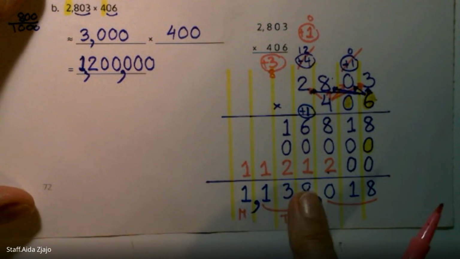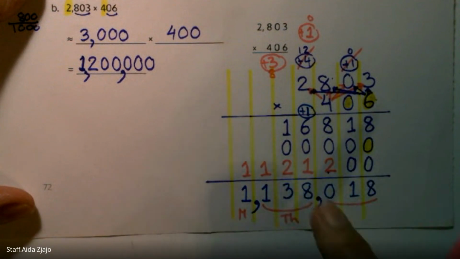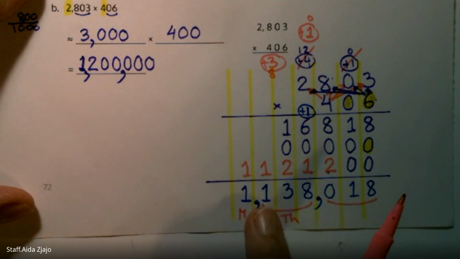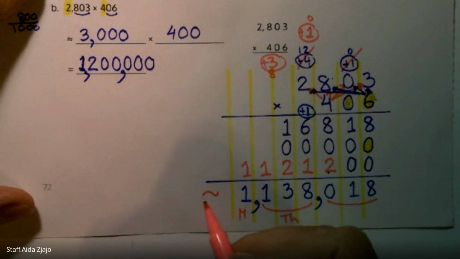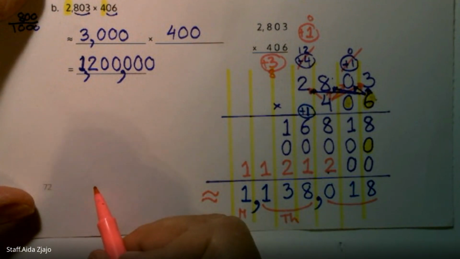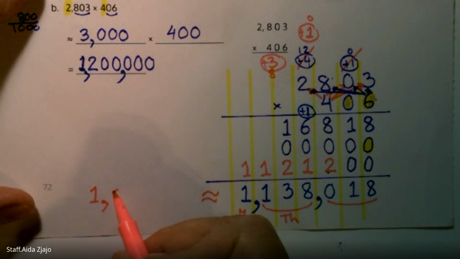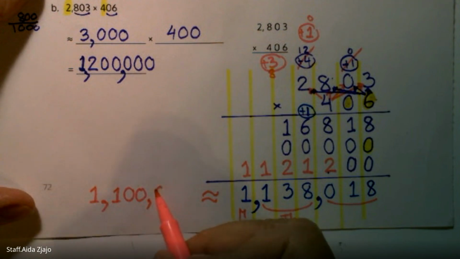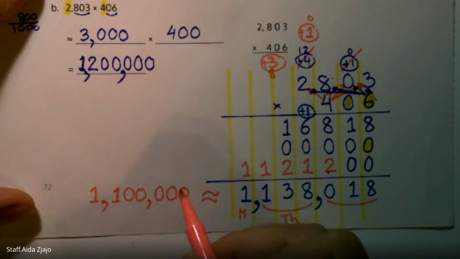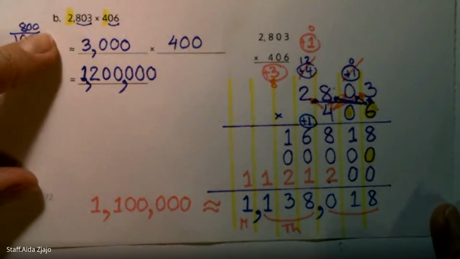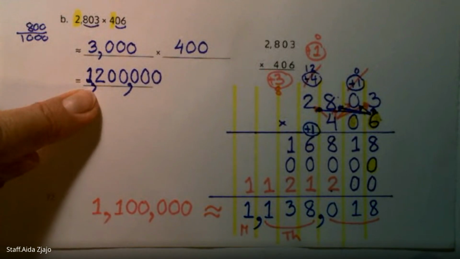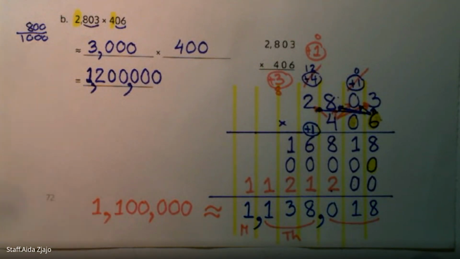So I will lose this 38,018. So my estimate should be about just 1,100,000.